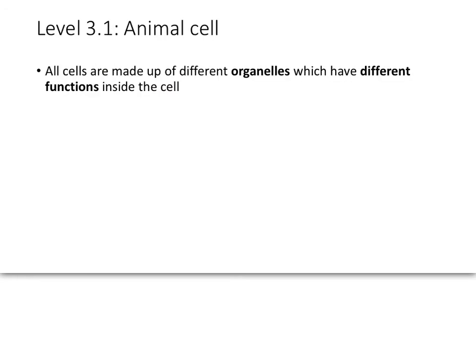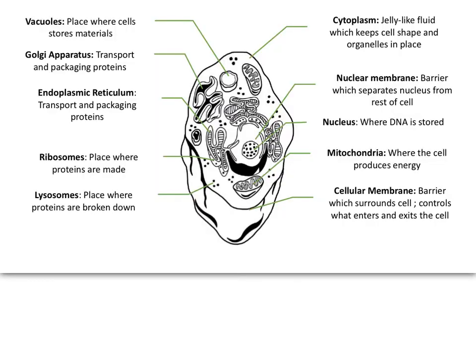Now, because we're part of the animal kingdom, in all of the organisms that we're looking at, they'll have animal cells. Now, in secondary 2, you talked about different organelles that make up the animal cell. We are not going to be spending a lot of time on that, but I just want to highlight some key components. Here we see a schematic diagram of an animal cell, and key things that we need to note. Nucleus, it's where we have our DNA.